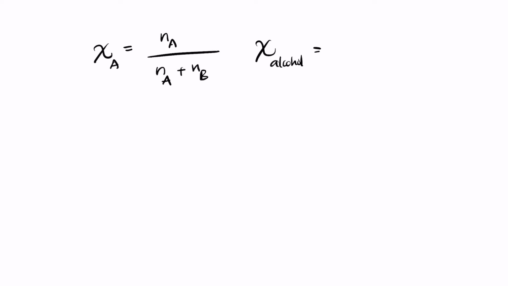So the mole fraction of alcohol is the number of moles of alcohol divided by the number of moles of alcohol plus the number of moles of water. So this is the idea behind the formula here. This is how we generally look at the formula.